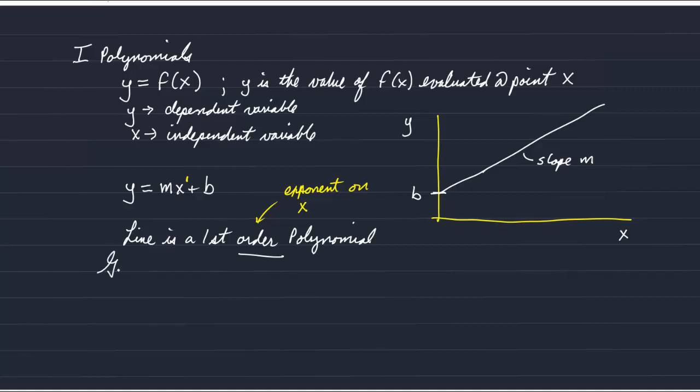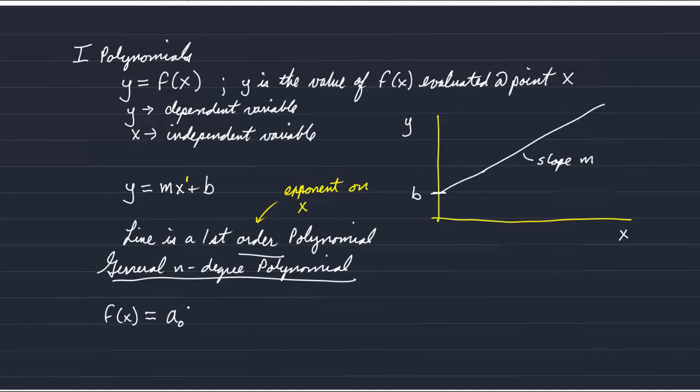So the general n-degree polynomial we can express as f of x being equal to a coefficient a sub 0, x to the n plus a1, x to the n minus 1 plus a2, x to the n minus 2, etc., all the way down to a sub n x to the 0 power, which is, of course, 1.